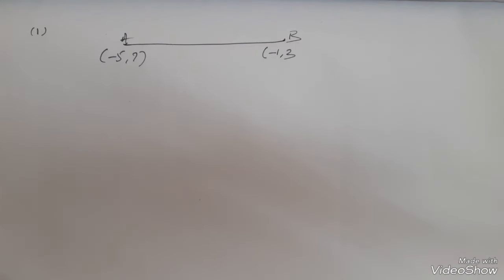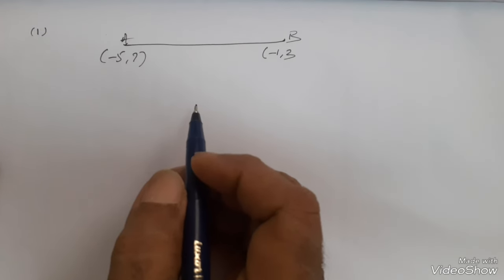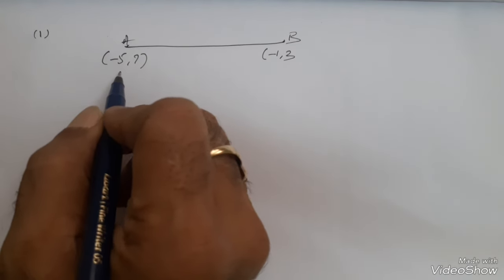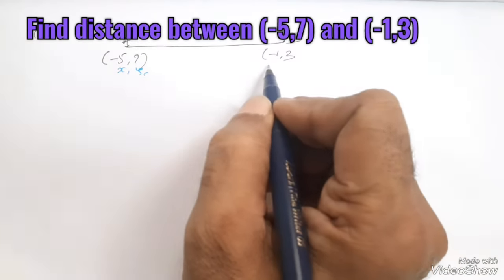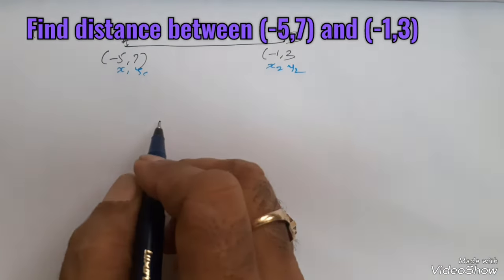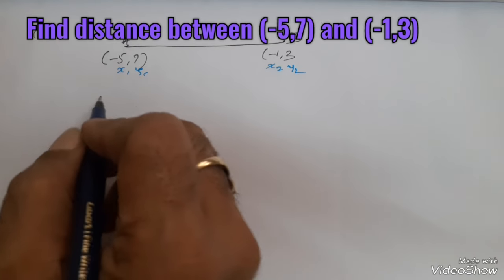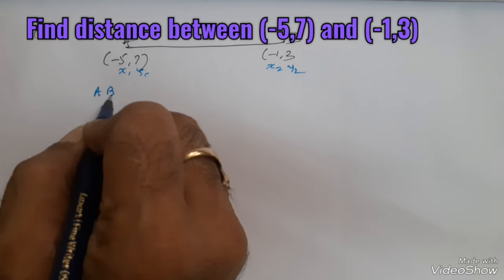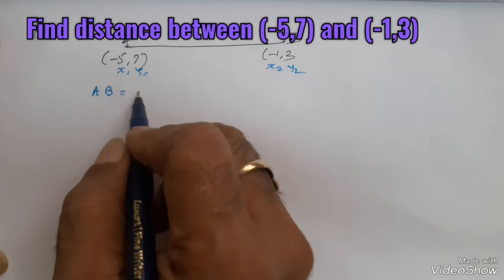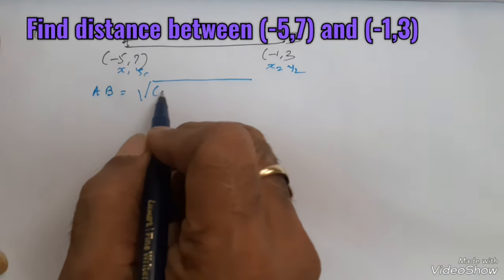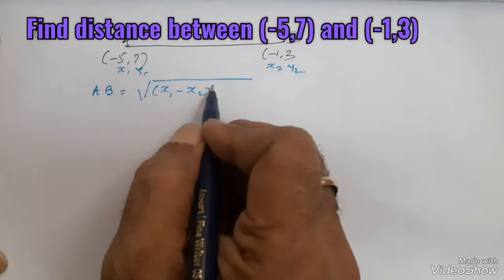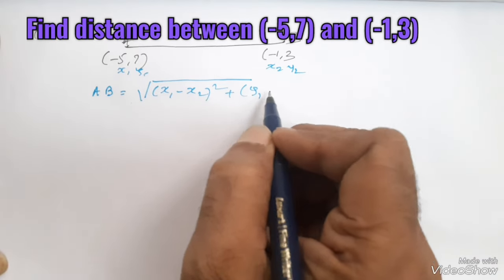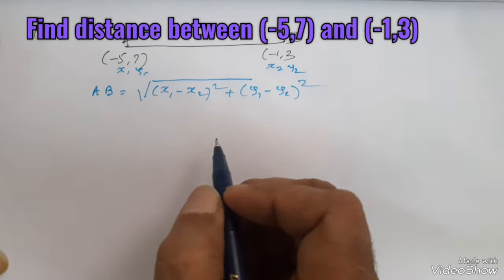Now let us take 2 points here: (-5, 7) and (-1, 3). We want to find the distance between these 2 points. Here, take this as x1, y1 and this as x2, y2. The distance formula, the length of AB, is x1 minus x2 whole square plus y1 minus y2 whole square.